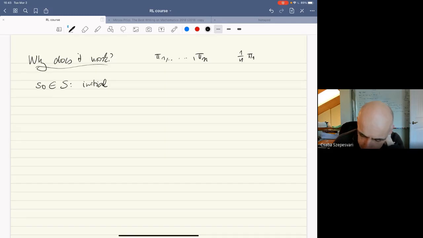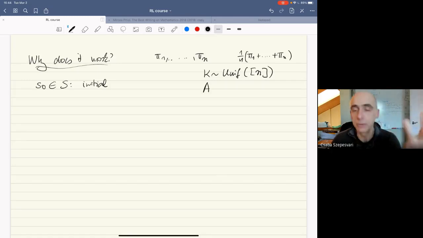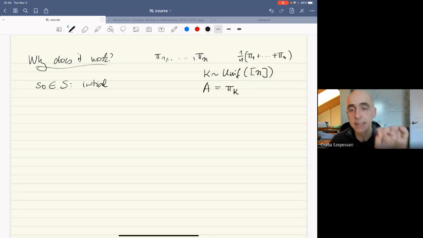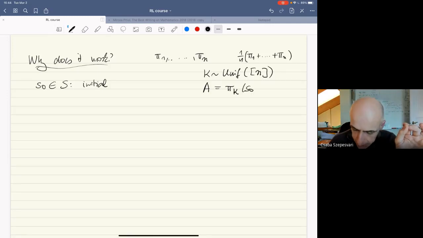What's the average of these policies? By that we mean that you simply choose uniformly at random an index k between 1 and n. And the action that you're going to choose is the action recommended by the policy with index k, this randomly chosen policy, at this state S0.